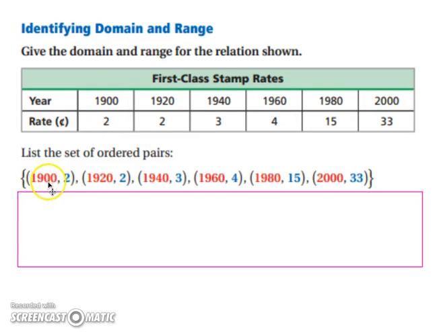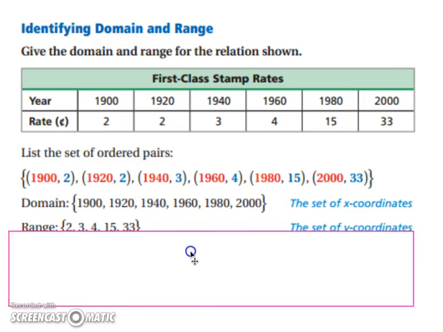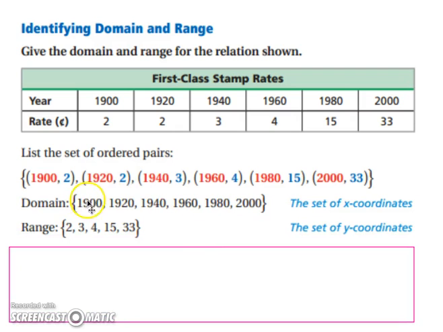So the year 1900 is 2, 1920 is 2, 1940 is 3, 1960 is 4, 1980 is 15, and 2000 is 33. So your domain are all of your x values, and your range is all of your y values.